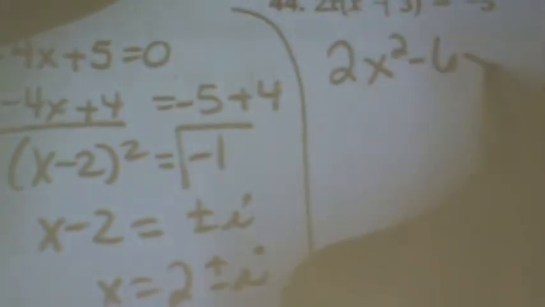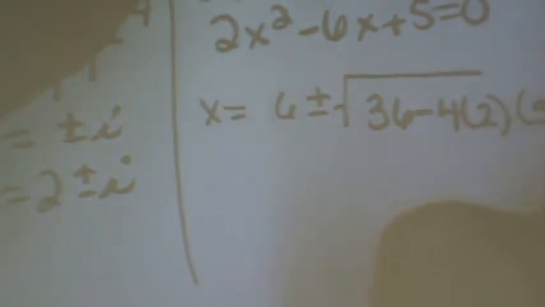And for this one, I would FOIL or factor the 2x. So you get 2x squared minus 6x equals negative 5. I'd bring negative 5 over and make it positive 5. And I would use the quadratic formula. x is equal to the opposite of b, so 6 plus or minus 36, b squared, minus 4 times 2 times 5, all over 2 times 2, which is 4.